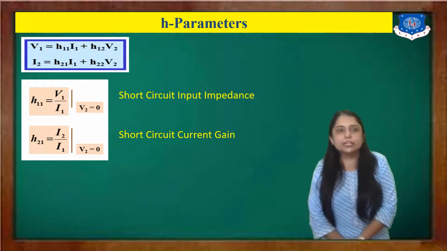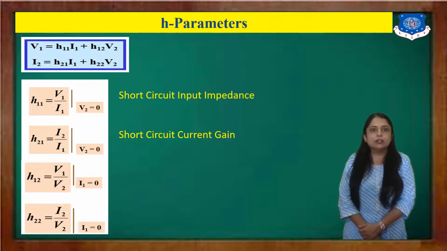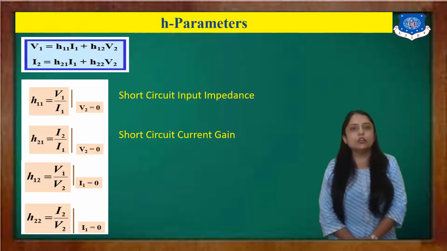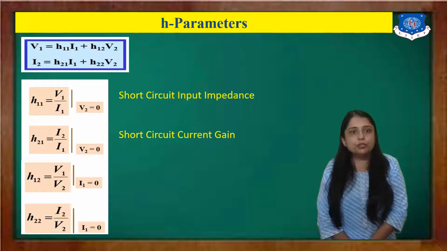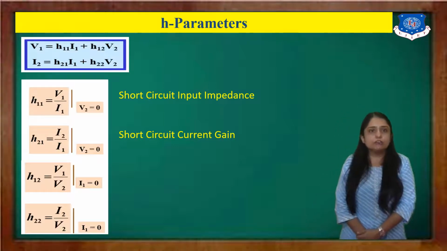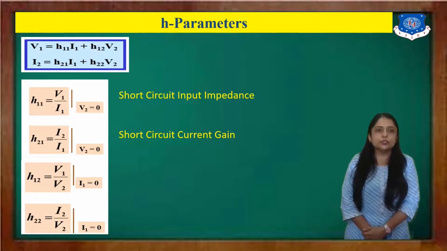Now V2 equal to 0 we have already taken. Now the other variable, that is I1. If we take I1 equal to 0, then I will get the value of H12. If you put I1 equal to 0 in equation 1, then H12 equals V1 by V2.